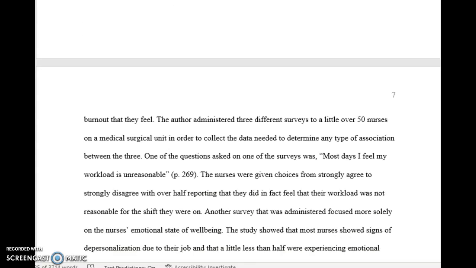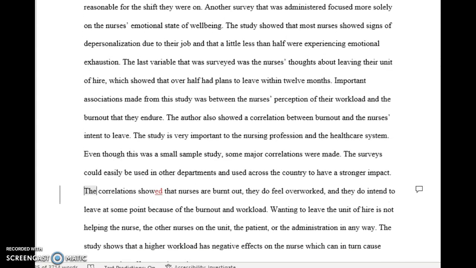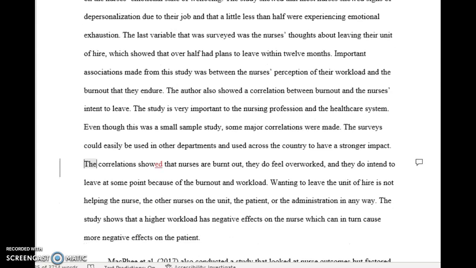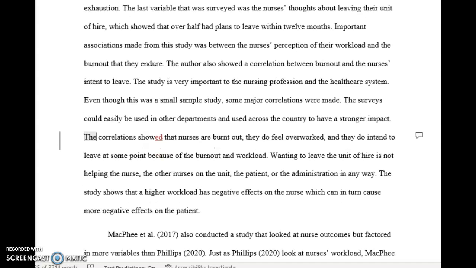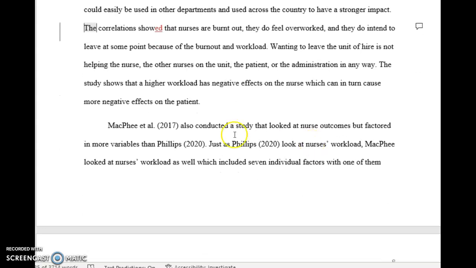As we move further along, again, please note that when discussing past literature that you will use past tense. McPhee, et al., 2017. Remember, author followed by year of publication, also conducted.